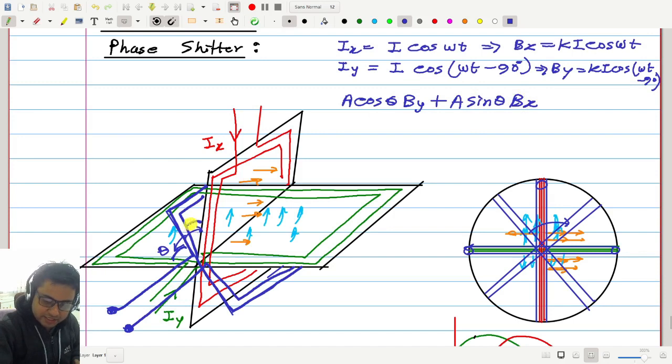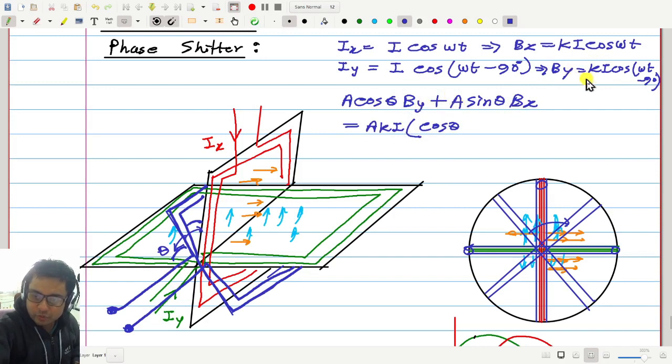Because this angle is 90 minus theta. Now let me put in the values of By and Bx. A you can take common, and K and I are common factors, and then you have cos theta.